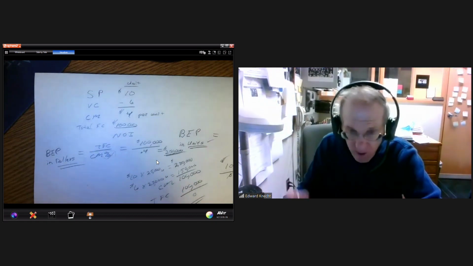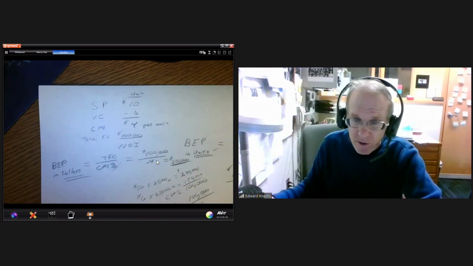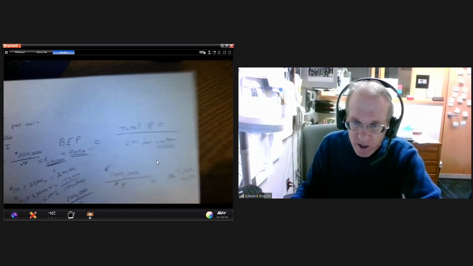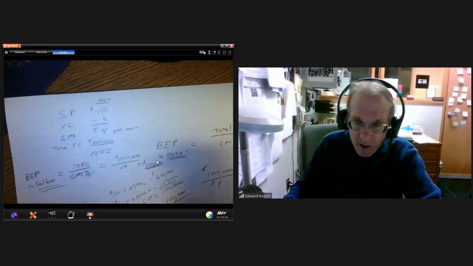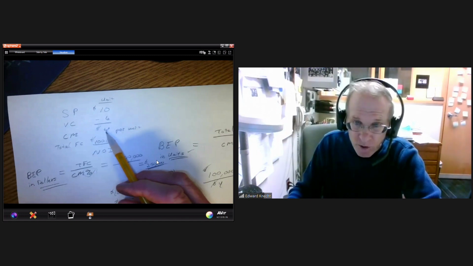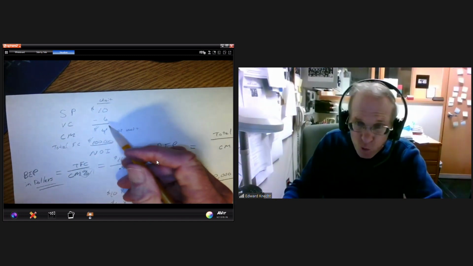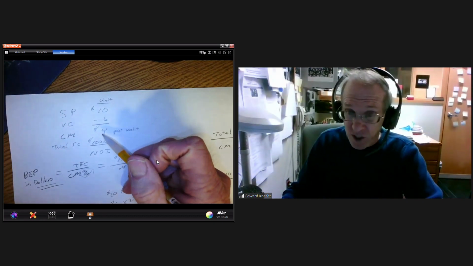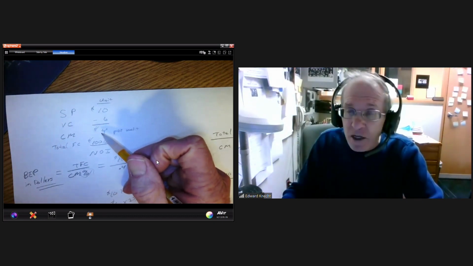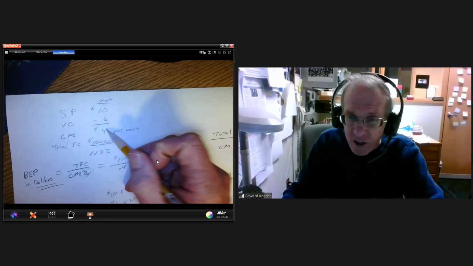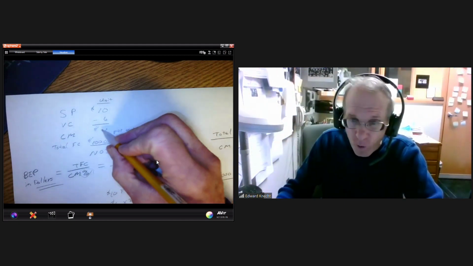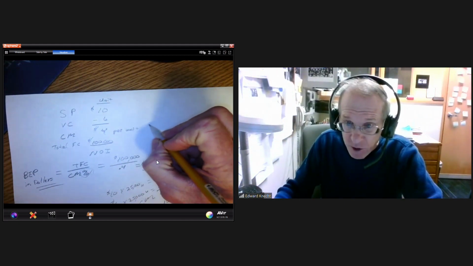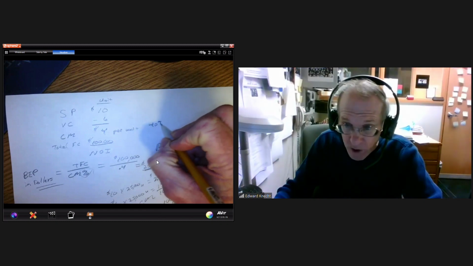That one I have to kind of memorize. Oh, but it's not hard. You got one of two choices here. Are we trying to find the contribution margin per unit? Some problems will give you that. If the question says how much do you need to sell to break even, you can convert this into 4 divided by 10. Your contribution margin is 40%.